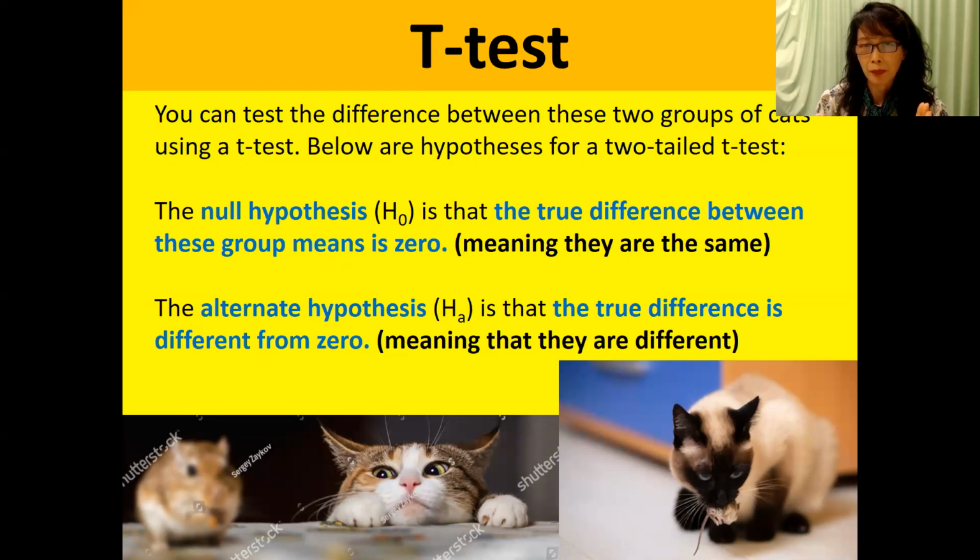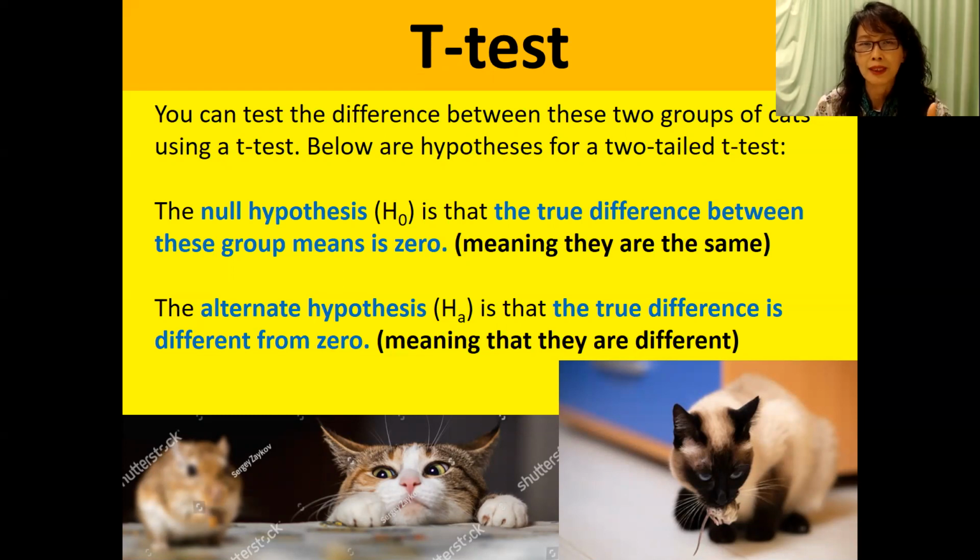For the example of the cats, we don't know which group will be better, so we form a non-directional t-test, a two-tailed t-test. The null hypothesis is that there is no difference between the two groups of cats. And the alternate hypothesis is there is a difference in the mice catching ability of the two groups of cats.